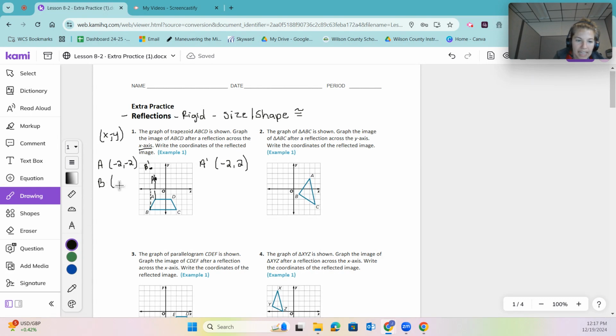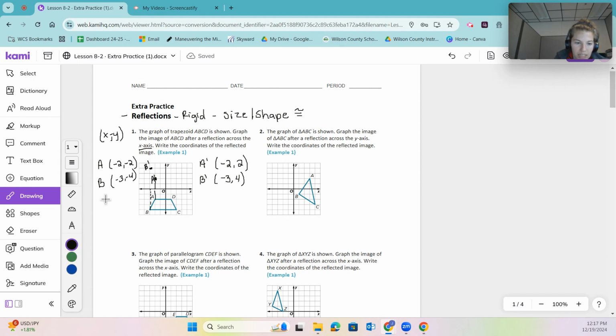I went from (-3, -4) to B prime, which is going to be (-3, +4). Again, using that same coordinate notation, you have your x value and then you take the opposite of the y value. The opposite of -4 is +4. The opposite of -2 is +2.